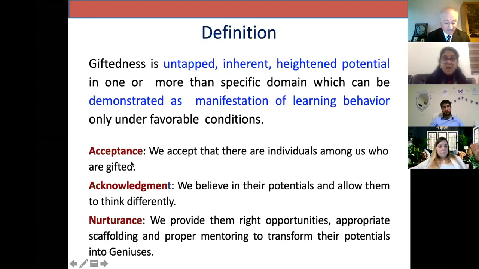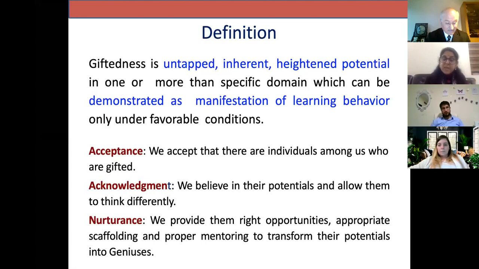First of all, acceptance. Because when we started this work, there were many groups who believed that giftedness is a very elite concept, that all children are gifted. So the idea of giftedness was associated with elitism for some group of people. So the first thing is acceptance. Let us accept, yes, there are individuals among us who are gifted.